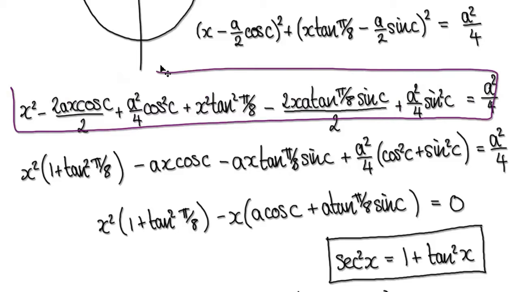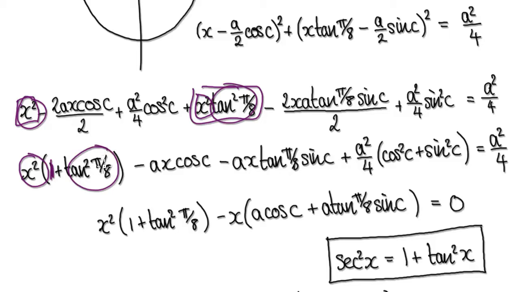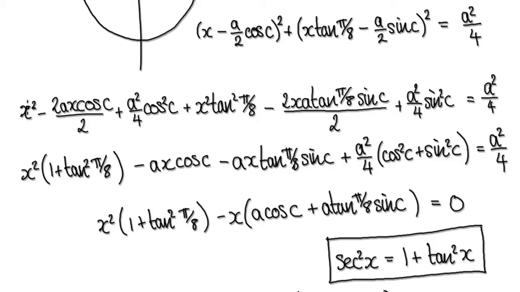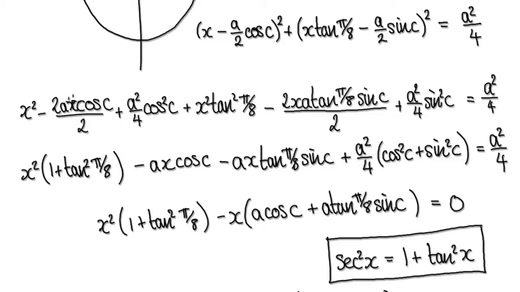Looking at x squared, let's merge these two blocks together. Factor out the x squared, and then this will become 1, and this will become 10 squared, whatever, pi over 8. So these two blocks will become this. Now let's look at the x. You've got a block of x here and a block of x here.